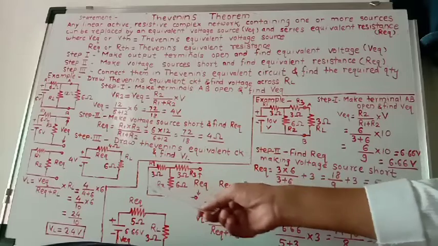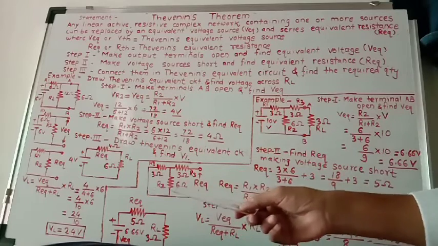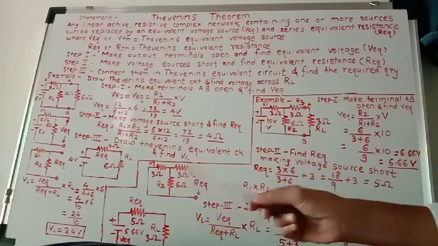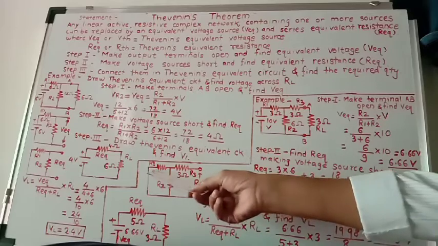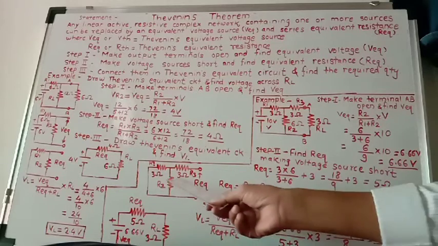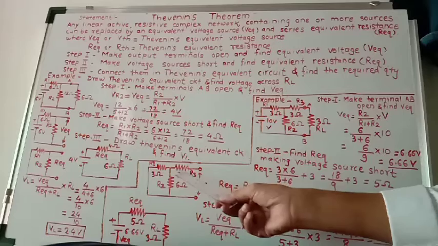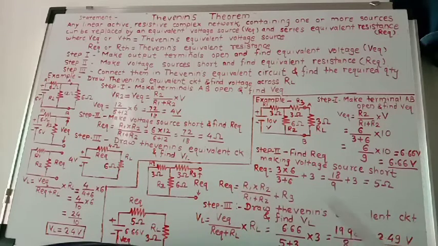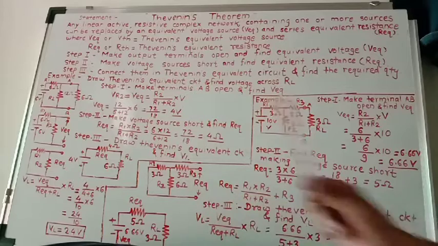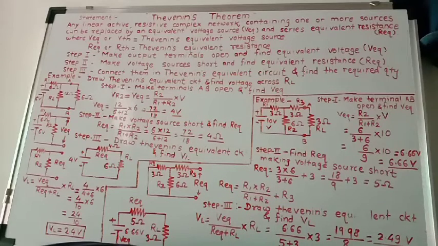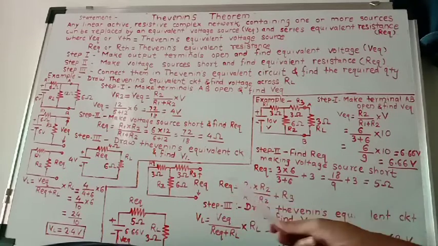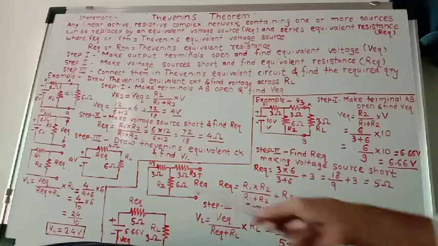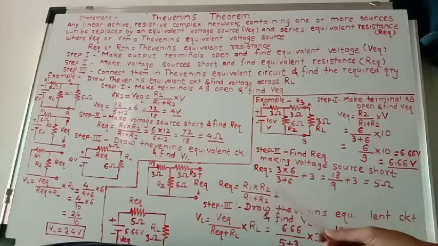Here R1 and R2 are in parallel, that is R1 into R2 divided by R1 plus R2, and R3 is in series with this parallel combination, so plus R3. So R equivalent is equal to R1 R2 divided by R1 plus R2 plus R3.